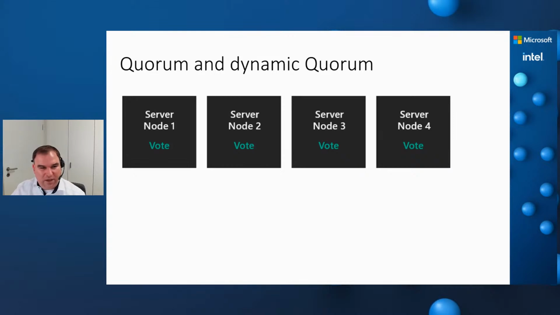This means if we have a 2-node configuration and the server fails, we cannot build a majority because the remaining server has 1 vote from initially 2 votes. This is not the majority. This is only 50%.